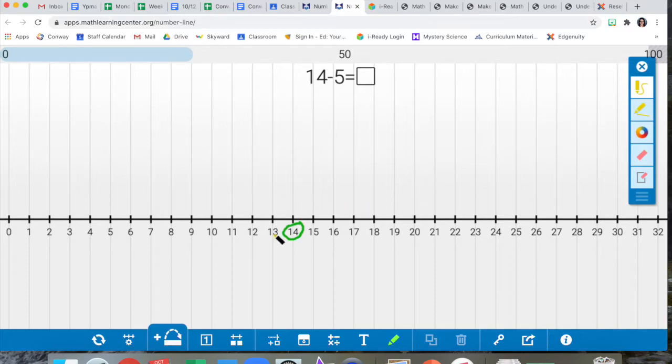But to use our get to a 10 strategy, here's the closest friendly 10 when we're subtracting. How many would we have to take from the 14 to get us to that 10? If you said we'd have to take 4, you're exactly right.